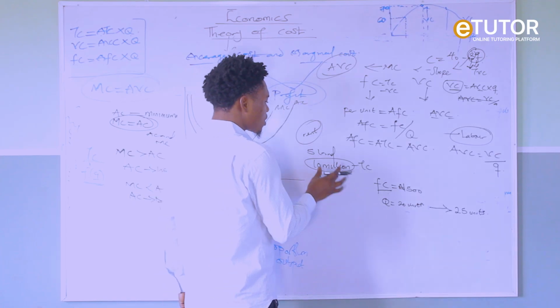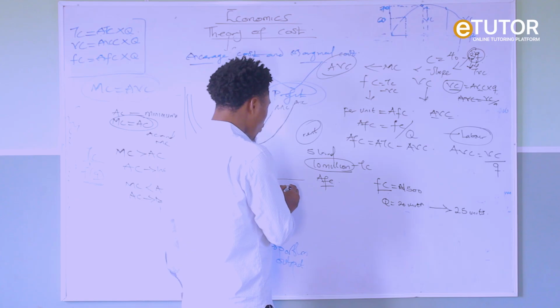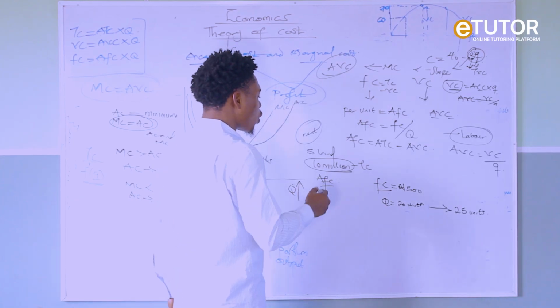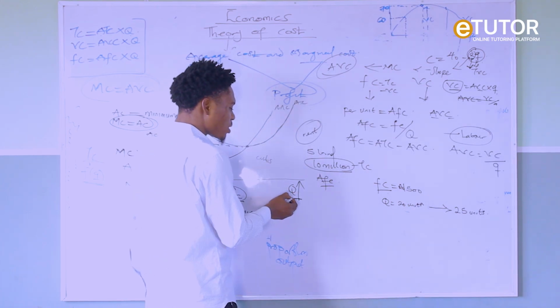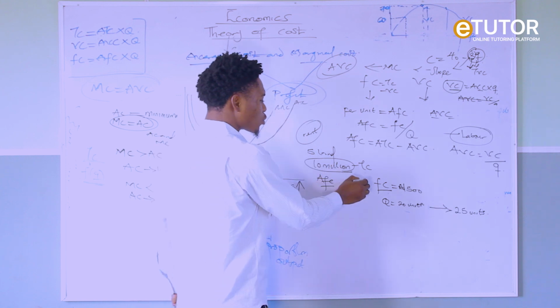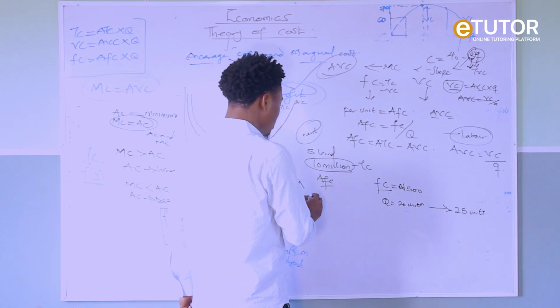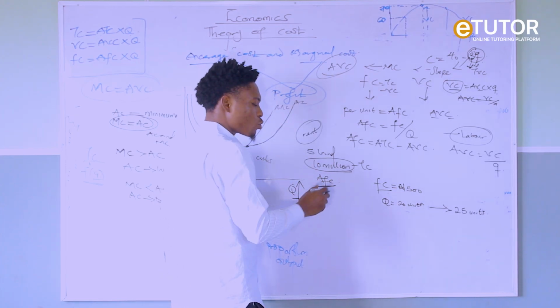The law of our average fixed cost is that as our quantity increases, the average fixed cost will continue to fall, unlike your fixed cost that remains constant if your quantity either increases or decreases. But in this case, once your Q increases, your average fixed cost must fall.